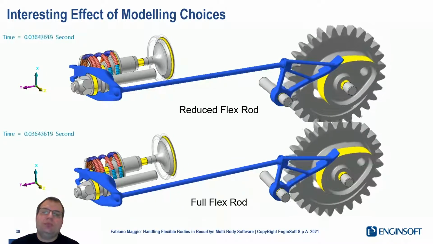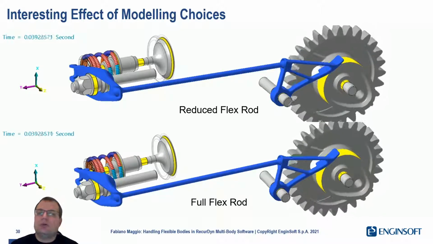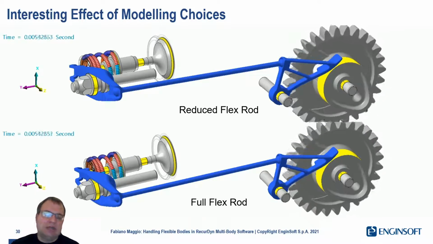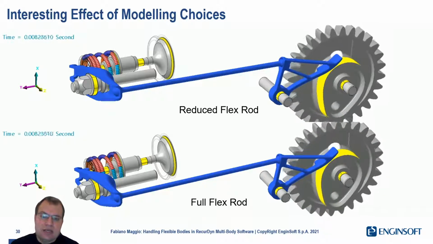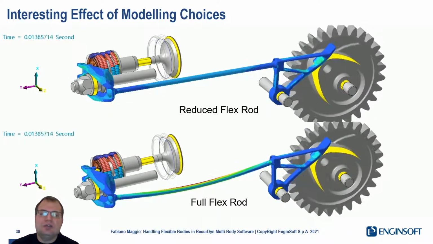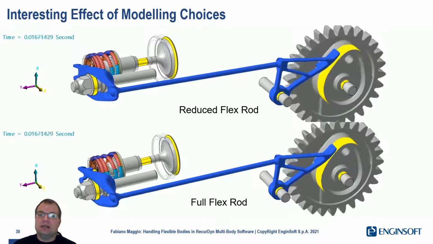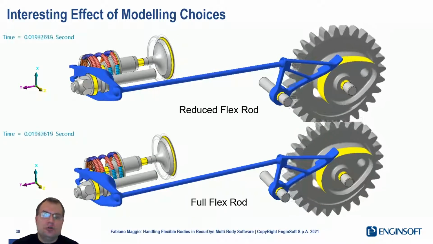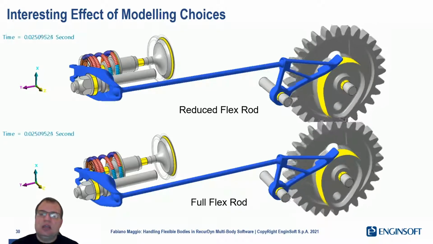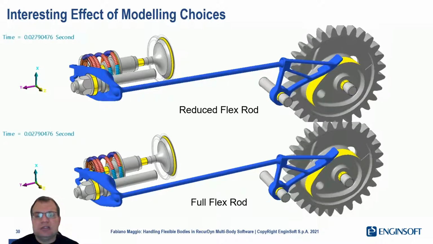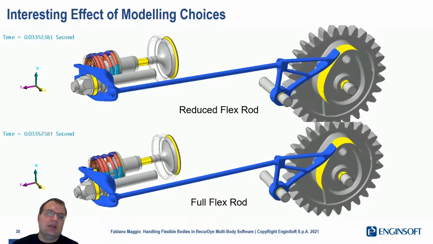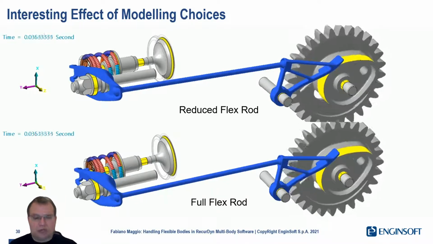So if we keep a linear approach, we can never capture this out of plane deformation. In this case, the reduced flex approach is not suitable. We have to use full flex because of the buckling. Even if we have two clear master nodes, even if the material is linear, even if the contacts are limited in extension, we have to keep the full flex. Without full flex, you would not get correct results.